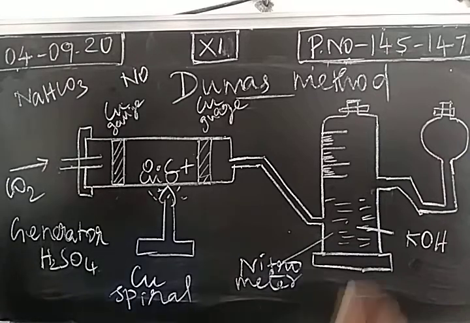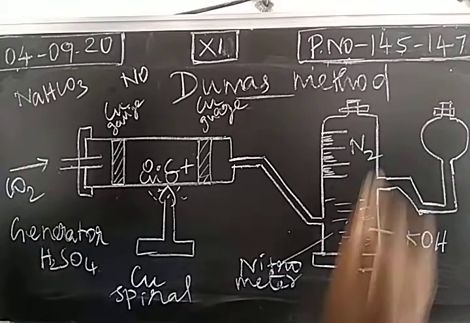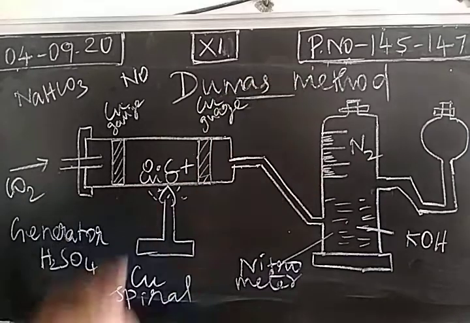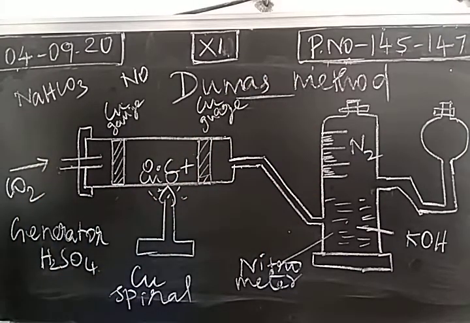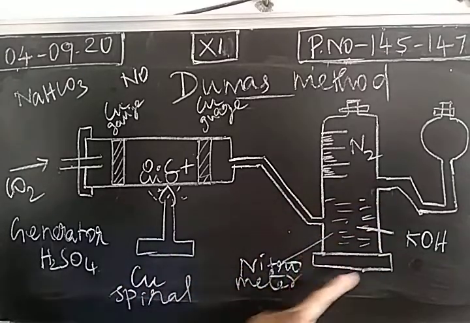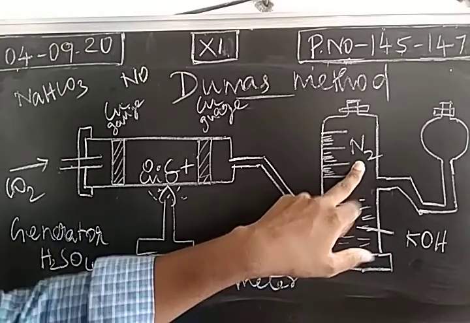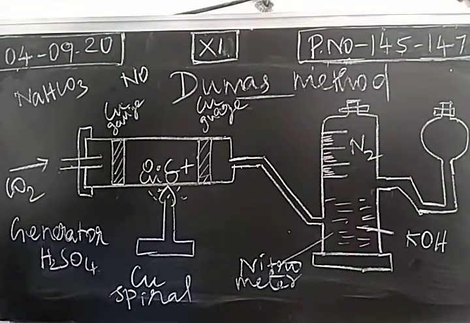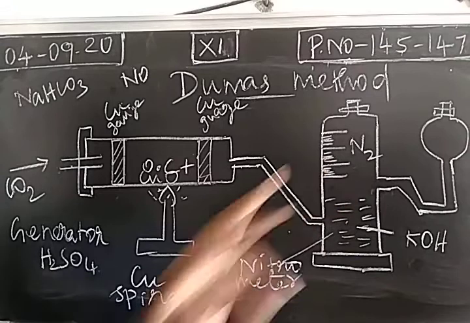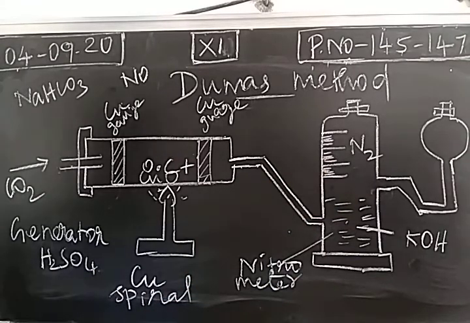But what about nitrogen? Nitrogen gas is stored at the upper part. So two gaseous molecules are coming out: one is nitrogen, another one is carbon dioxide. Carbon dioxide is dissolved in the potassium hydroxide solution. Nitrogen cannot escape, so it is present at this position. So this is the way to obtain nitrogen in the Dumas method.